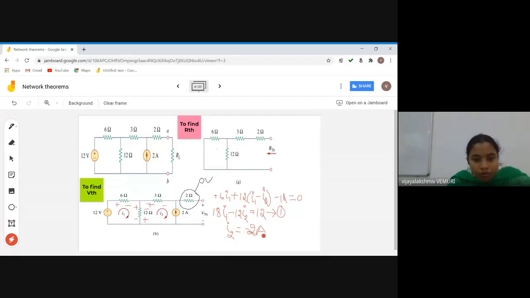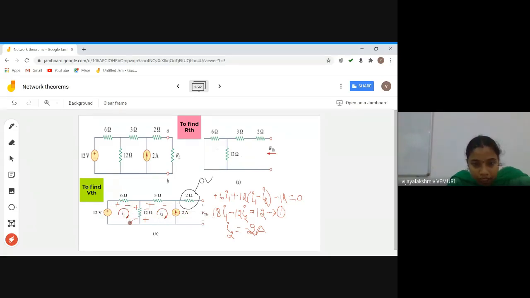Then coming to 12 ohms, this is the resistor which is between two loops. To find out VTH, I should come in this loop only. So the current flowing through 12 ohms is I2 minus I1. I am concerned with the second loop only, not the first loop.